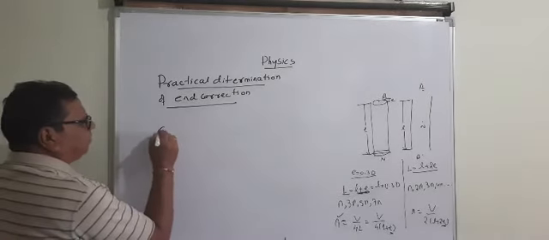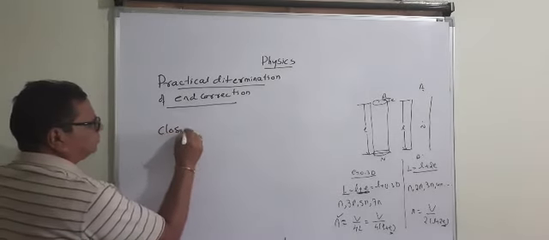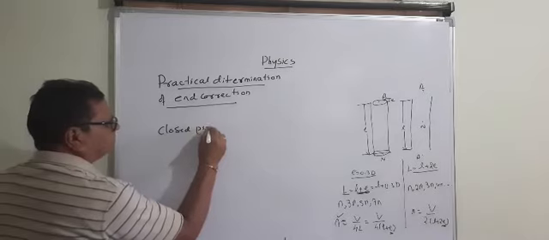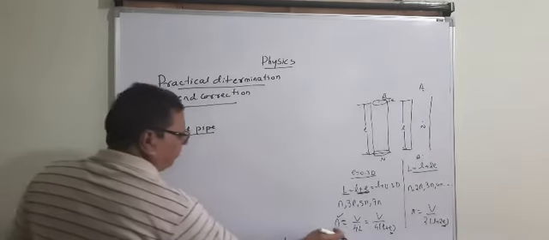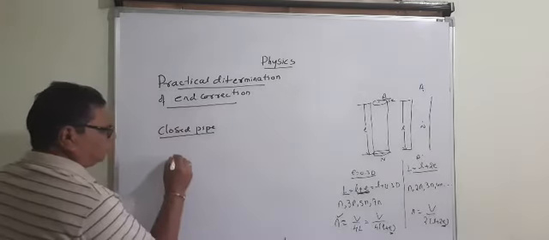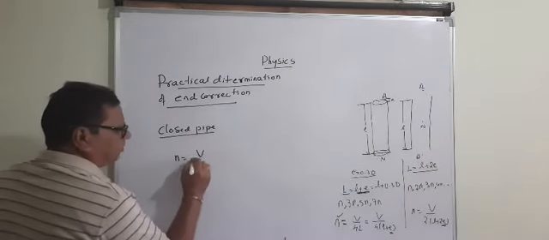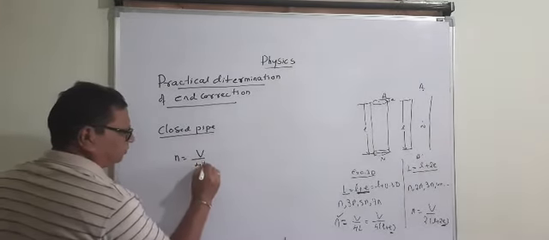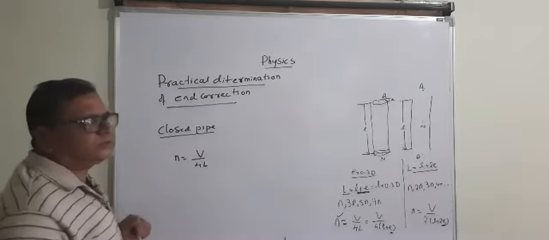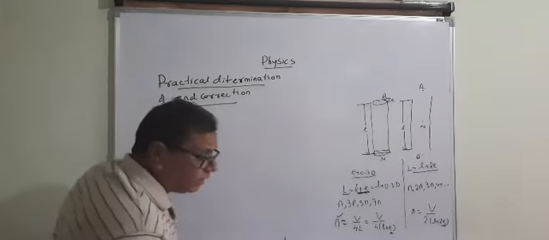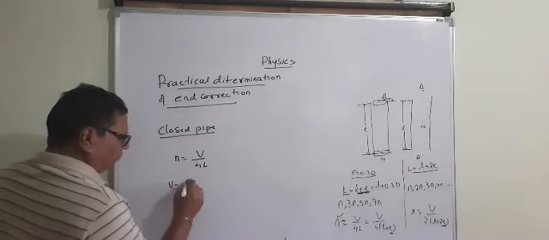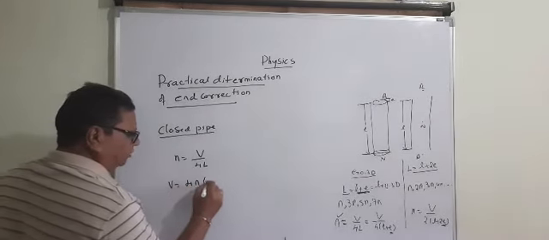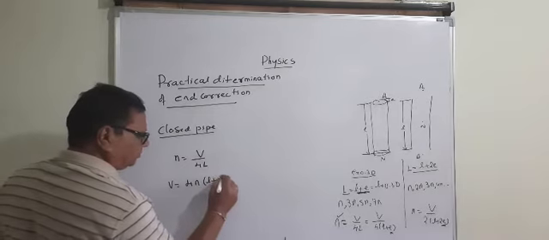For closed pipe, fundamental frequency is given by n is equal to v upon 4L, where L is the corrected length, or v is equal to 4n into small l plus e.